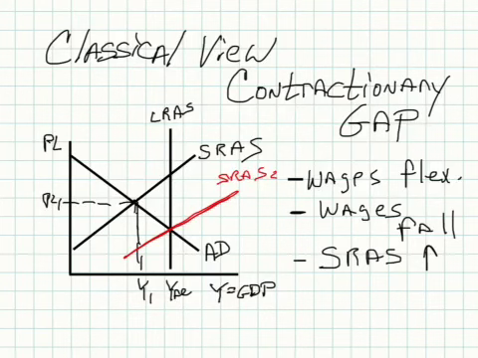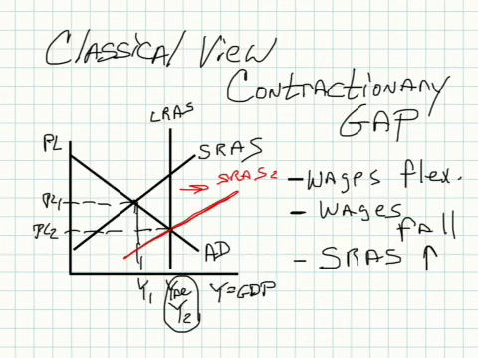SRAS2. Short-run aggregate supply shifts rightward because of the cheaper resources. This results in price level falling and the economy returning to the full employment level of GDP necessary.